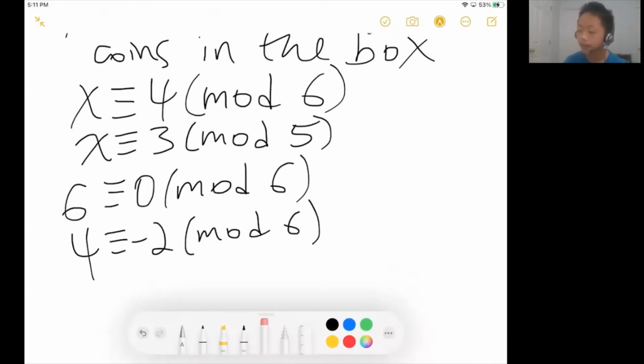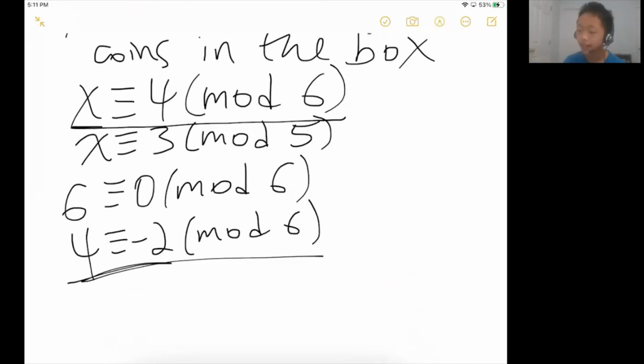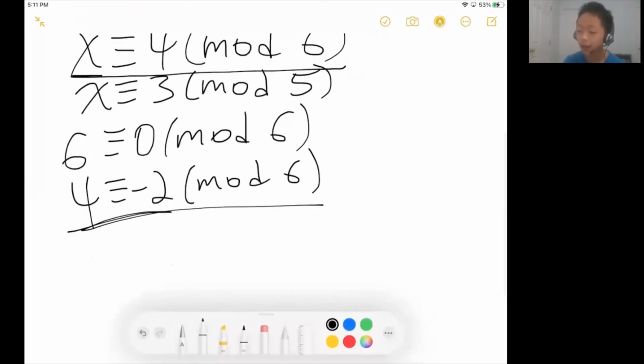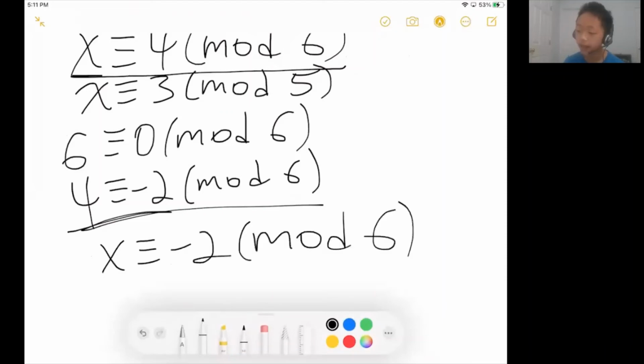If 4 is congruent to negative 2 mod 6 and x is congruent to 4 mod 6, we can say x is congruent to negative 2 mod 6. With similar reasoning, since x is congruent to 3 mod 5, we can convert that to x is congruent to negative 2 mod 5.